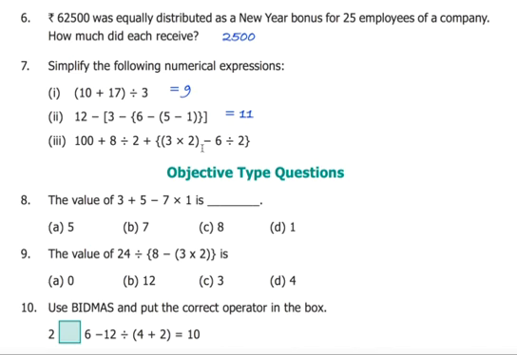Thereafter 4. 6 minus 3 is 3. This is 4. 4 plus 3 is 7. 107.